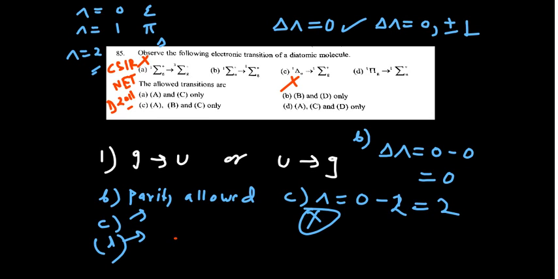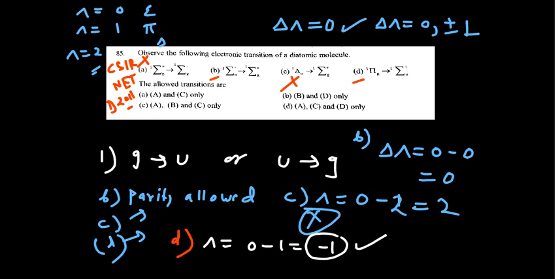If I am calculating for the D, this transition is happening from pi to sigma, so that is 0 minus 1, that is minus 1. So minus 1 is allowed, that means D is allowed. So far D is allowed, so far B is allowed.